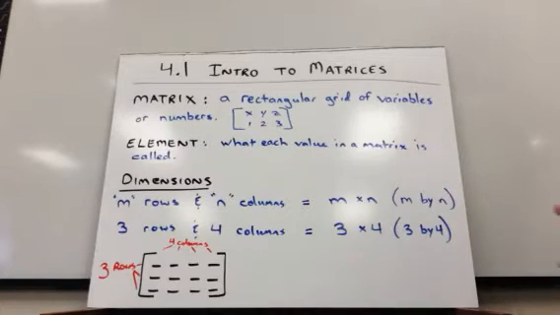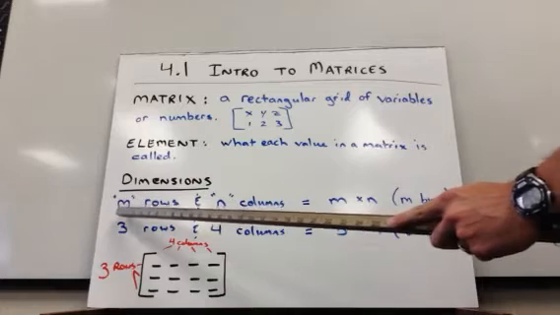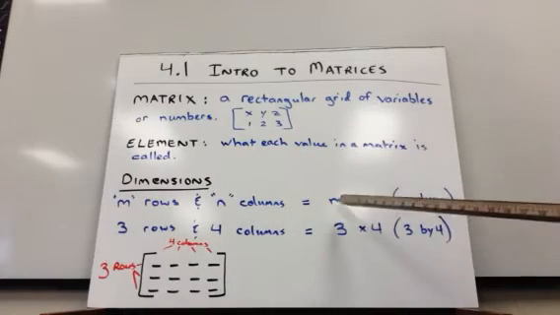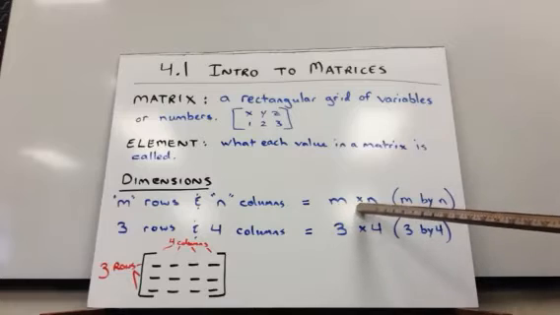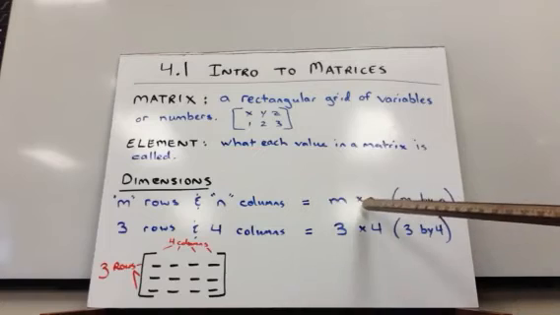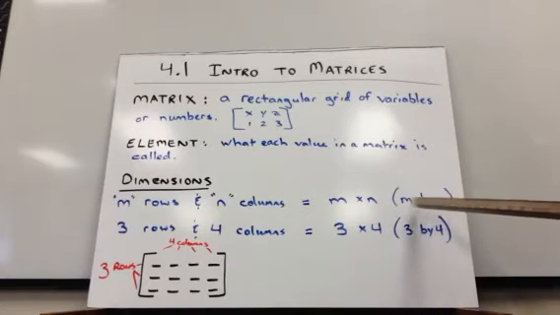How many rows and how many columns does it have? So if I talk about, vaguely, generally, m rows and n columns, I'm going to talk about it as an m by n. That x, think about it like in construction terms or architect, when you have kind of like the 2 by 4. When we see the x, think of the word by, m by n. So that's why I write that.